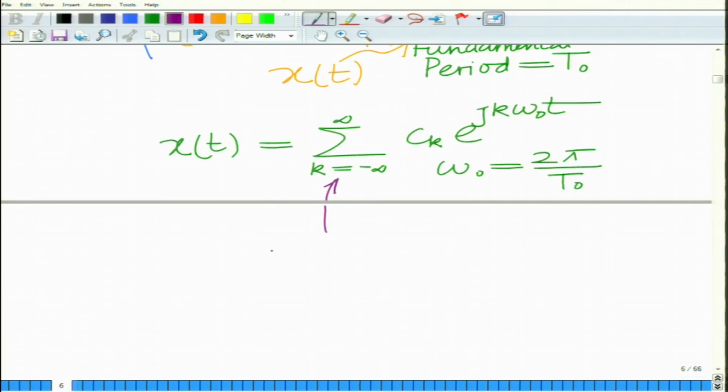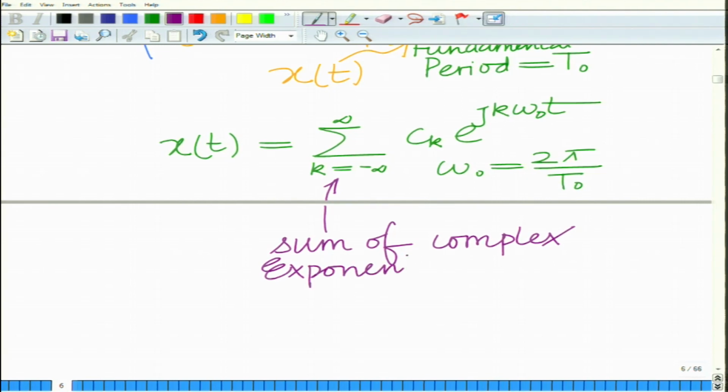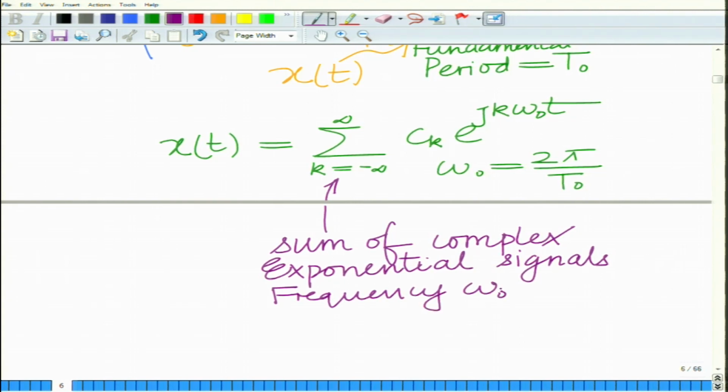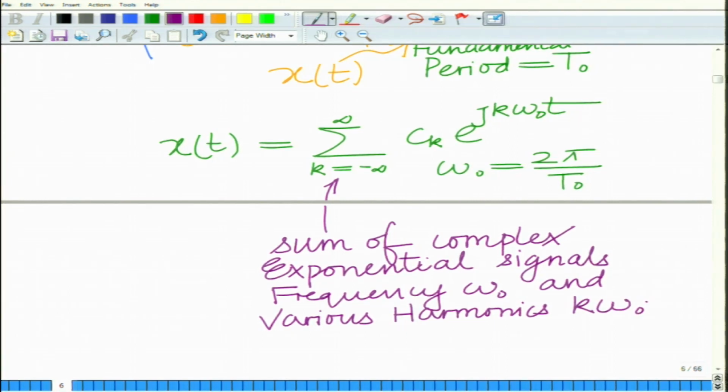So, x(t) can be expressed as a sum of complex exponential signals at the frequency omega naught and the various harmonics at k omega naught, where k is obviously an integer, that is, harmonics at frequency omega equals k omega naught.